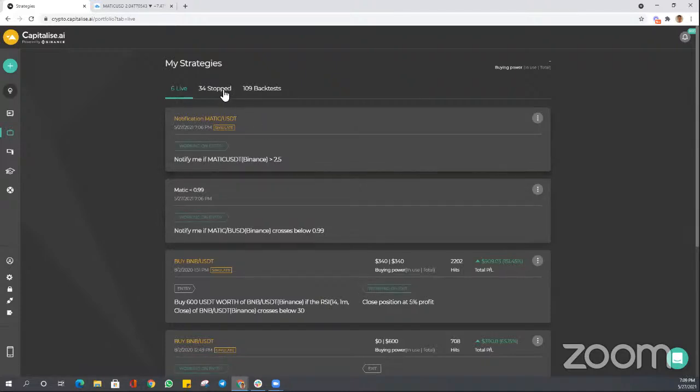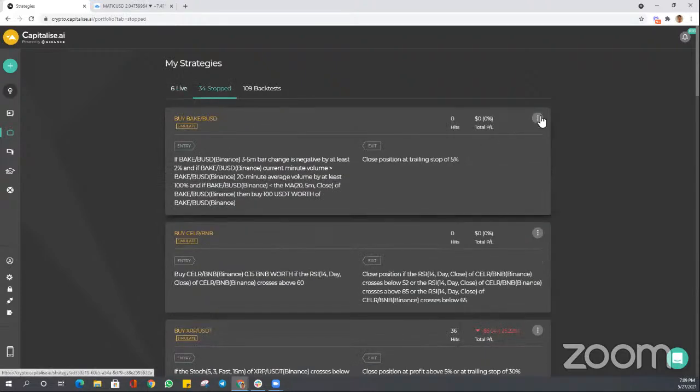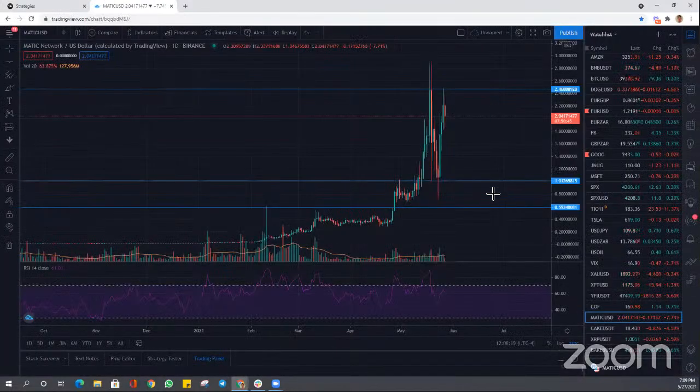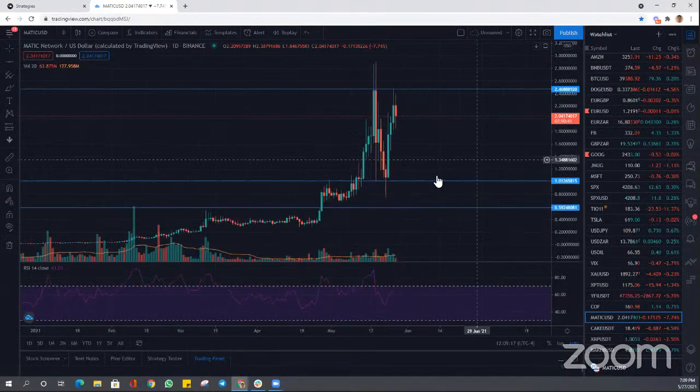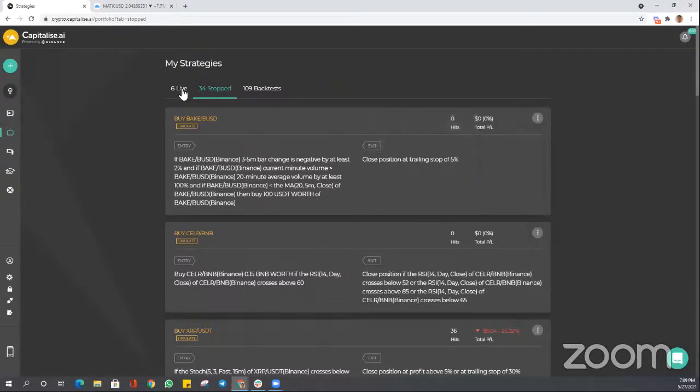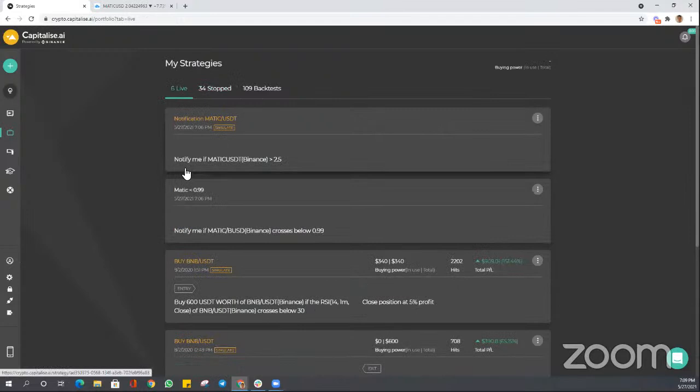So all you'll have to do is go to your stopped list and click on the control panel and just select play. So every time a notification comes through and you want to keep that notification going, for example, if you feel that those are the lines for the next while, and that's when you want to be notified, then you'll just select play every time the notification completes, every time it's met. And that'll keep you traders notified of where you are.